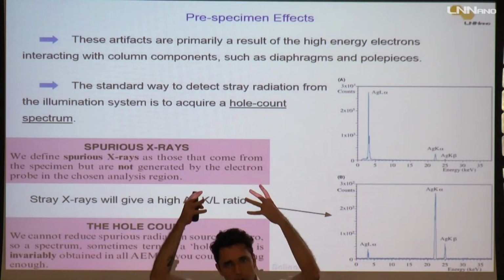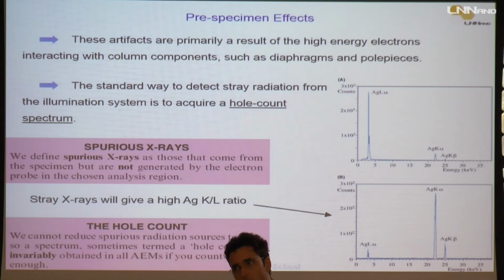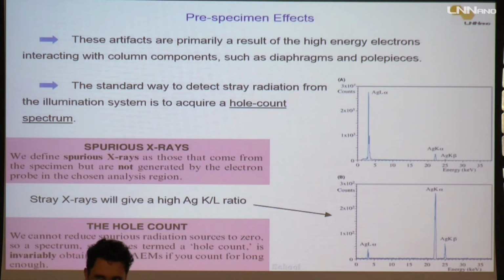And these X-rays will come through your column to the detector, okay? And there are also these spurious X-rays that come from the specimen, but are not generated by the electron beam, okay?